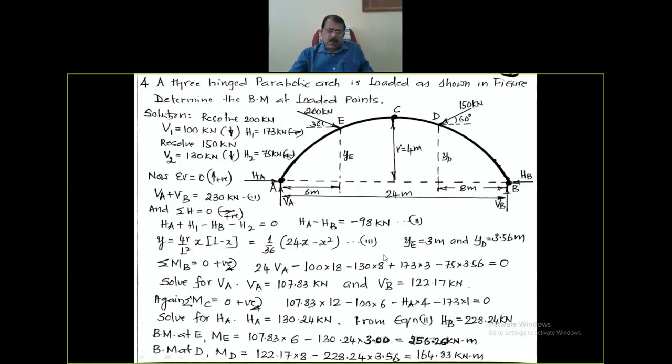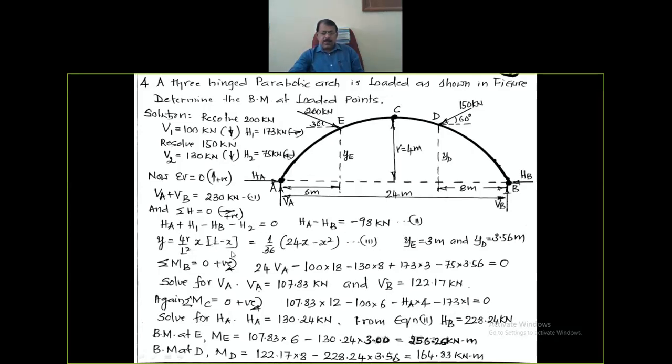Further, the ordinate at any distance x measured with respect to A or B as the reference point is given by y is equal to 4r by L squared into x into (L minus x). Substituting the values of rise and span of the arch here, that works out to be 1 by 36 into (24x minus x squared). Call this equation number 3.